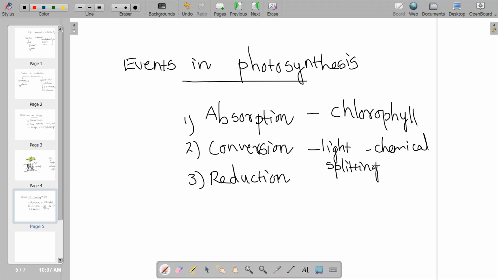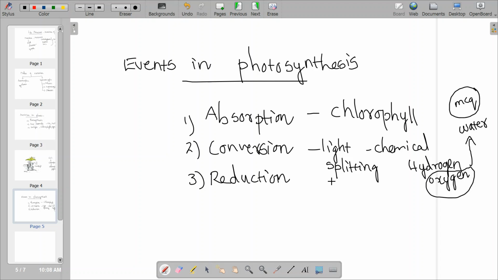Water is split into hydrogen and oxygen. Plants take up carbon dioxide and give out oxygen. So the oxygen that we are getting is from the water. After it splits, we get this oxygen. This is an important MCQ question, repeatedly asked in board exams.